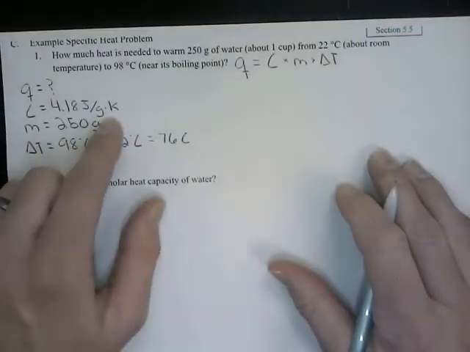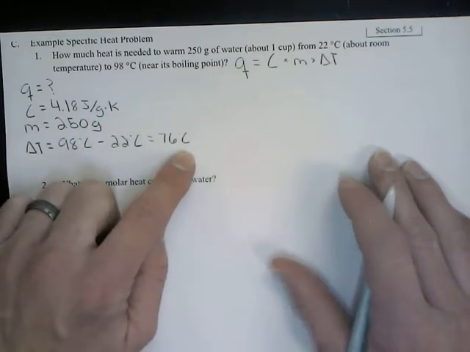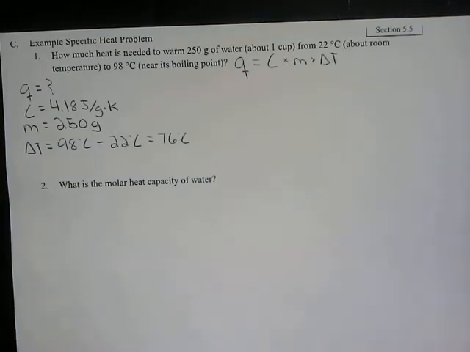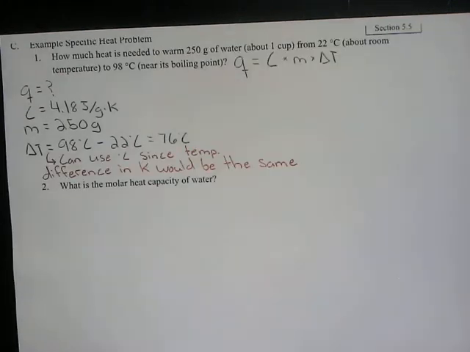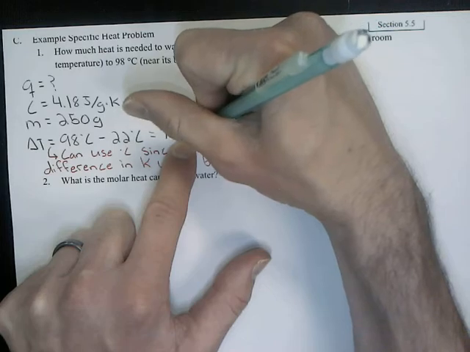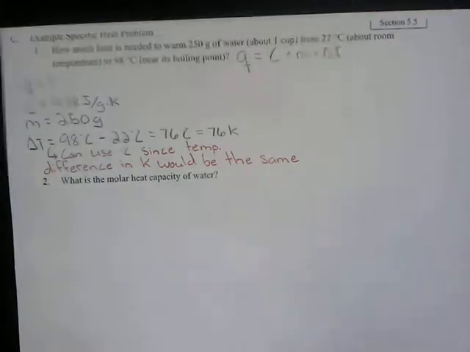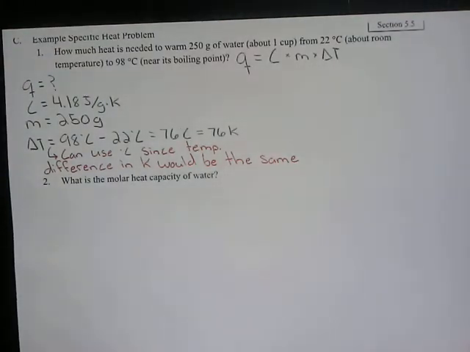Now, you may be thinking, hey, we have units of Kelvin and we have units of Celsius. It is okay to use our Celsius temperature because the difference in temperature would be the same if converting both to Kelvin. So I'll pause and write that down. Now, again, if you want to get real specific, and we can, that temperature difference of 76 degrees Celsius would be the same temperature difference here in Kelvin. So we can use that if that makes you feel warm and fuzzy inside.